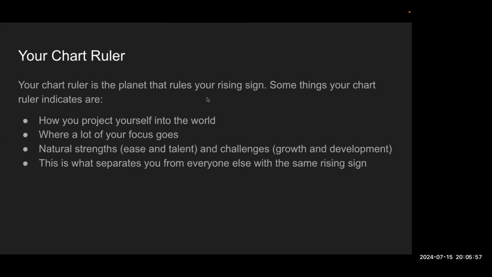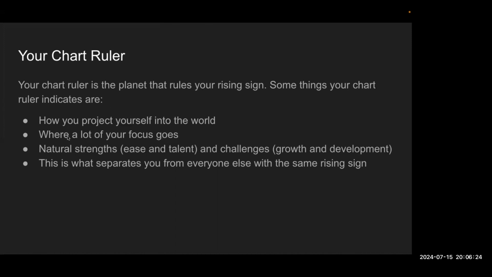When you look to your chart ruler, which is a planet, this is literally how you project yourself into the world. This is how you go about establishing yourself as an individual entity. This is your individuality: this is who I am, this is what I do, what you see is what you get type energy.